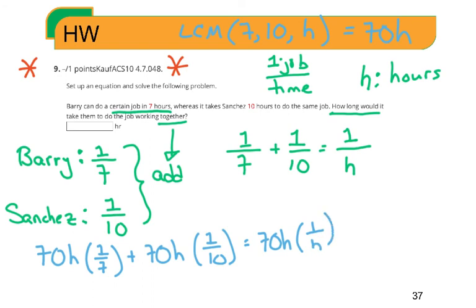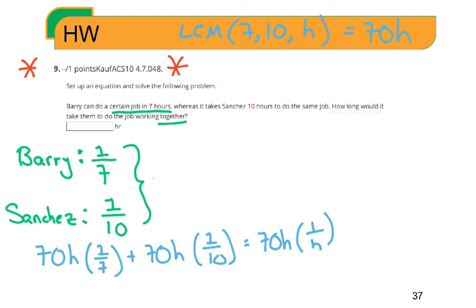And this will lead us to a solution. Get a little more room here and figure out what this is. When you do this multiplication, we're dividing 70 by 7. That gives me 10H. Do the second multiplication, we're dividing 70 by 10.